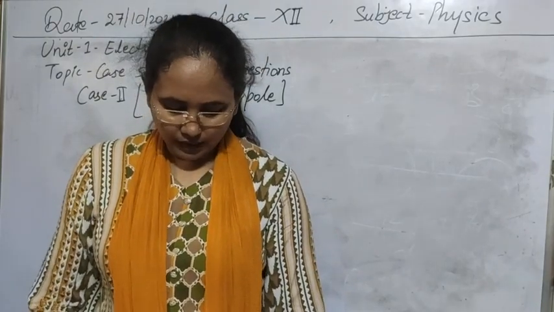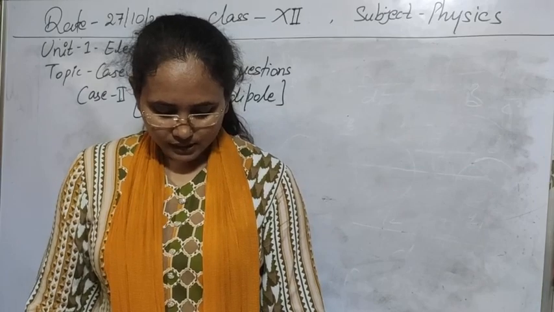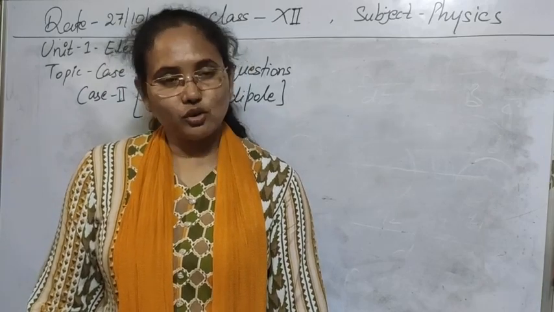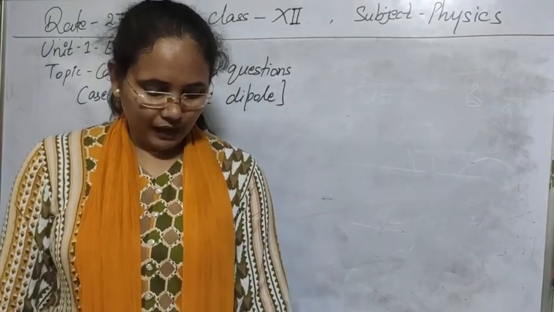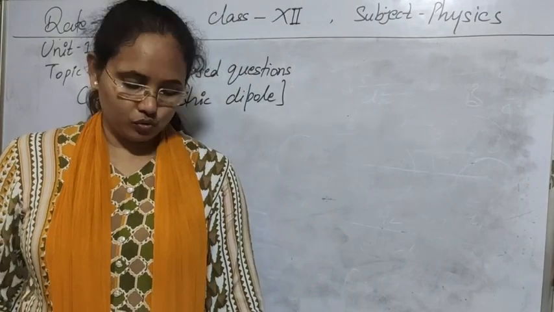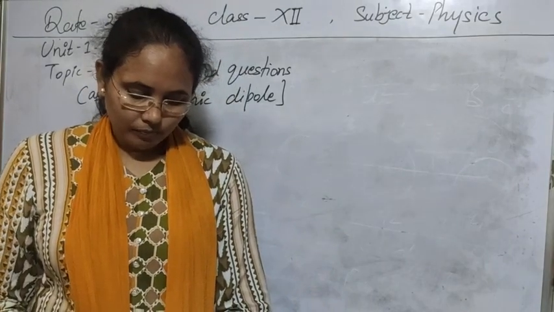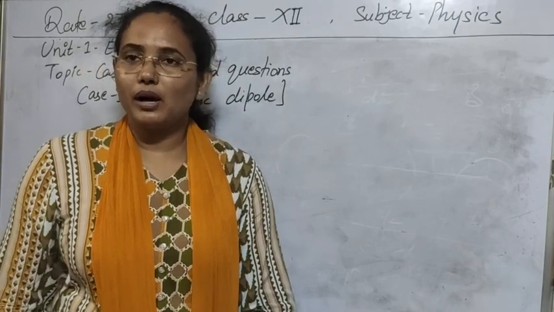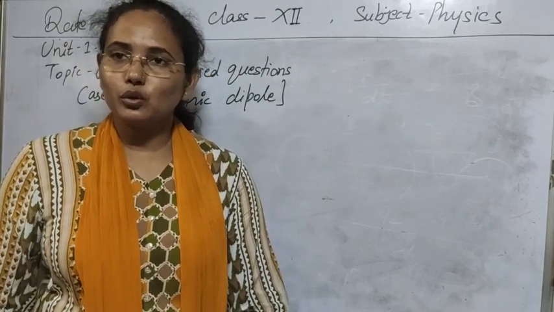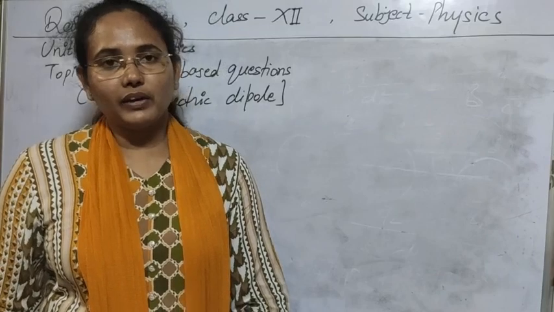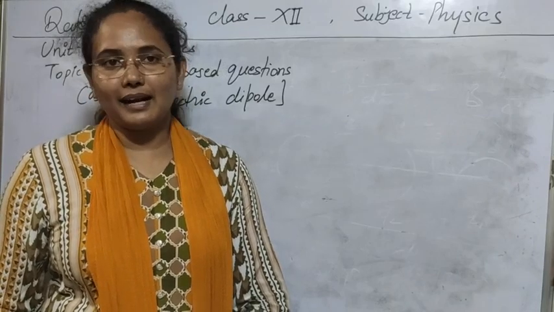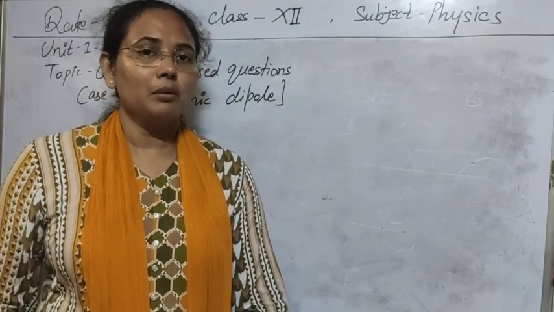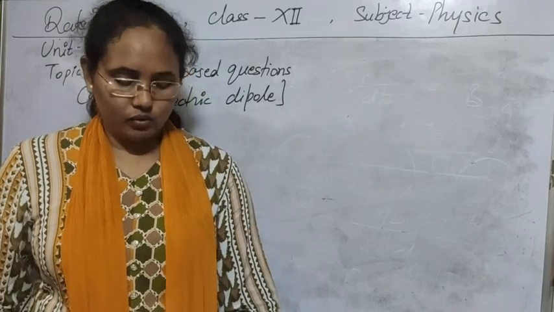For distances large compared to the size of the configuration, its field falls off faster than 1 by r square, which is typical of the field due to a single charge. Due to a single charge, the field is related to 1 by r square, but whenever we have a system of charges, it falls more rapidly than 1 by r square.